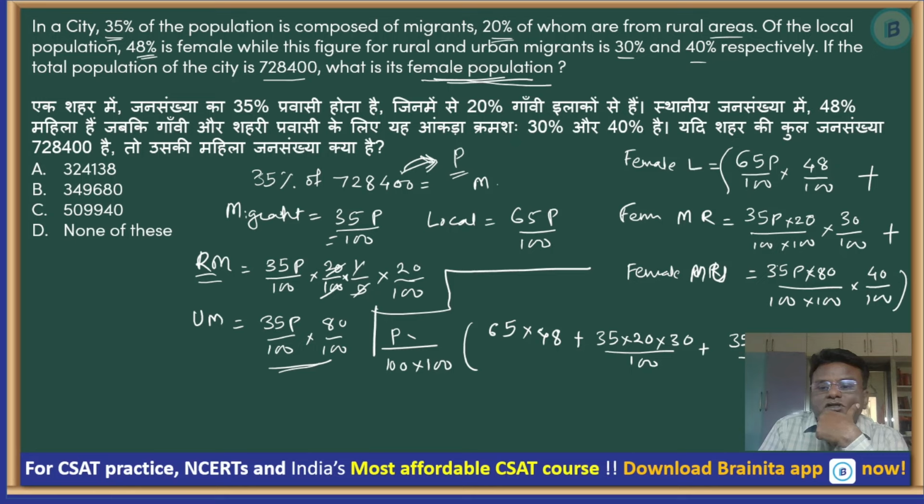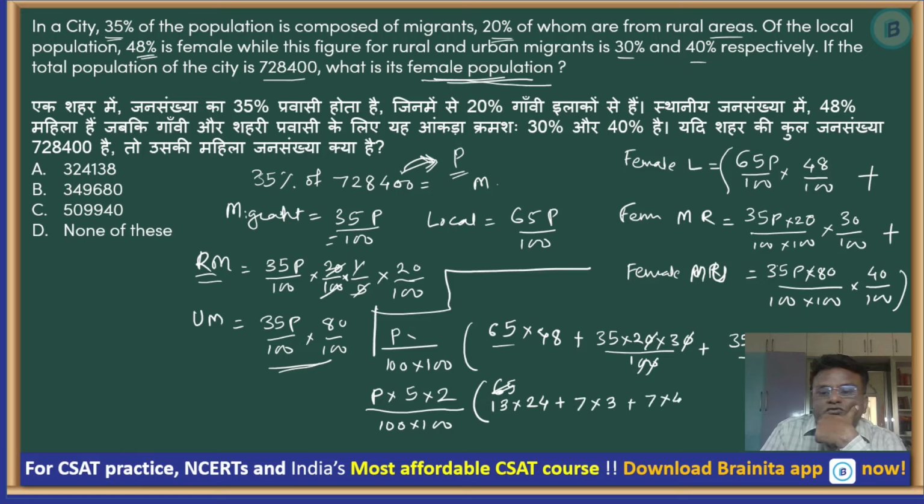So this gets cancelled, this gets cancelled. Now I can see that there is 65, 35, 35, so I can pull 5 common out of this, and then everywhere I can see 2, 48 and 8 and 4, so I can take 2 common. So let me take P into 5 into 2 as common and 100 into 100, inside 13 into 24 plus 7 into 3 plus 7 into 4 into 4.